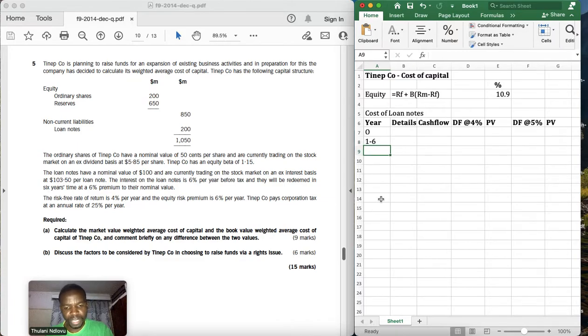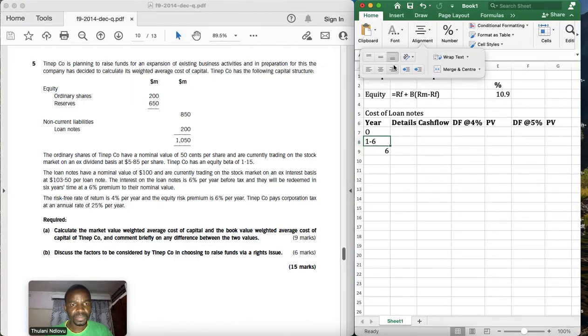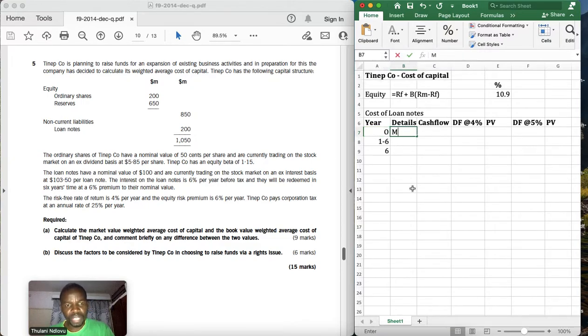We have year 6. Then under details, we will have the market value of the loan. We will have the interest. We will have the redemption value.